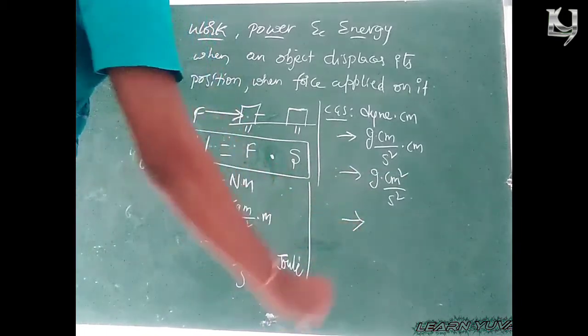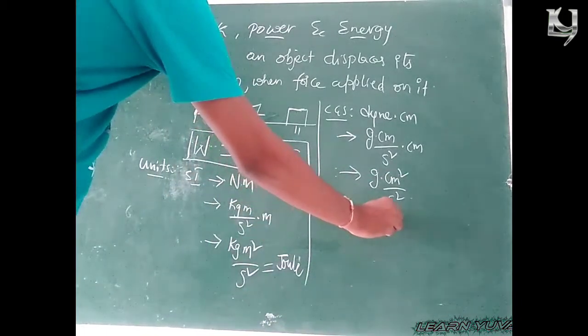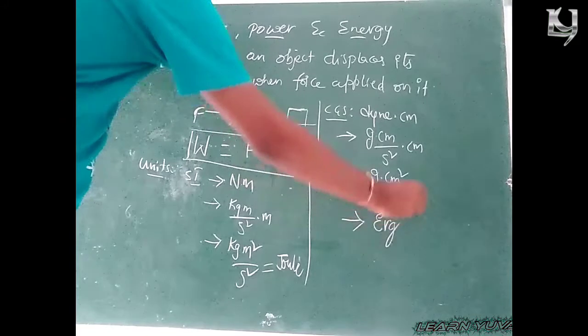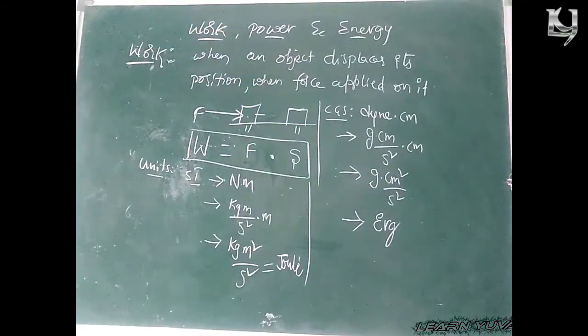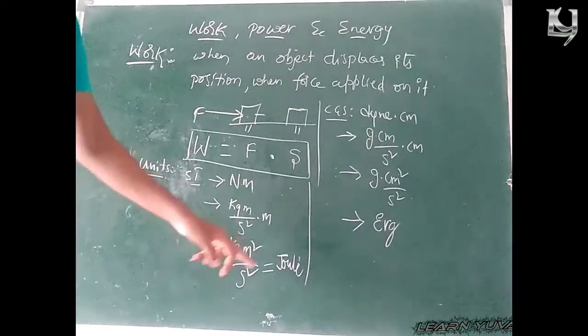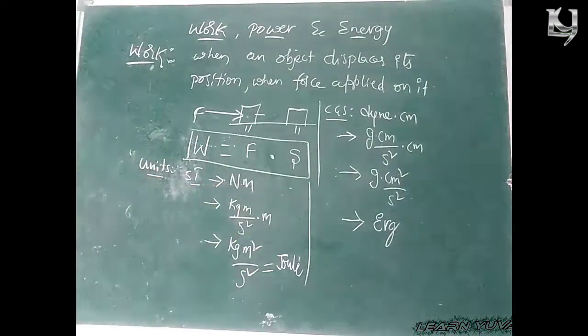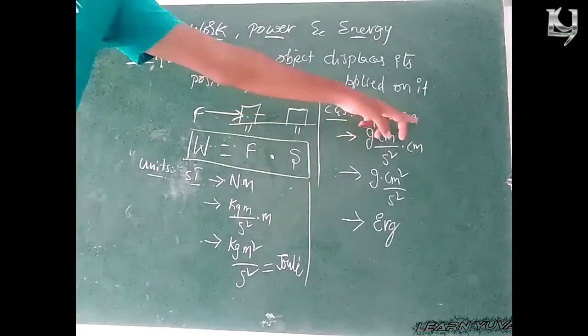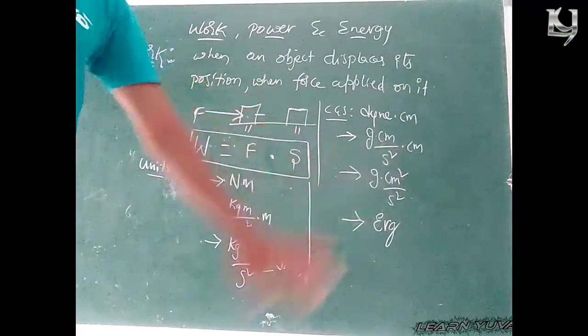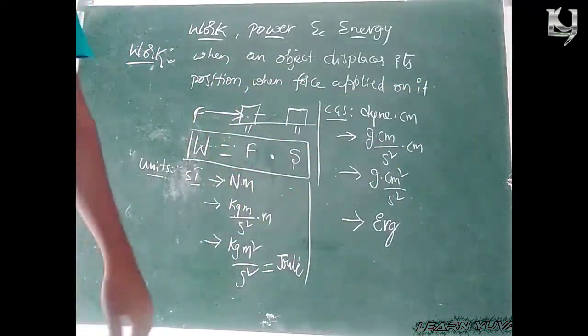This is nothing but erg. So the SI unit is Newton meter, or kg meter square by second square, or joule. The CGS unit is dyne centimeter, or gram centimeter square by second square, or erg.